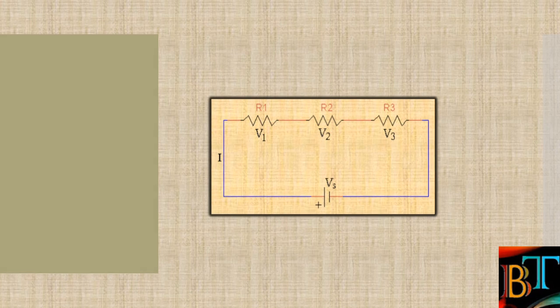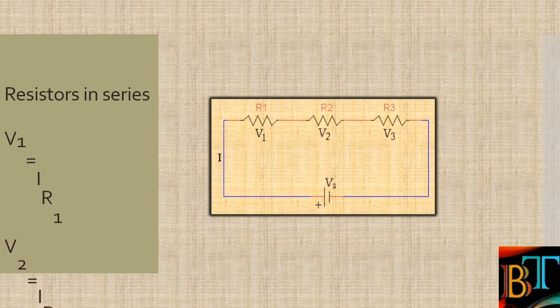Now, if I is the current drawn from the battery, the current through each resistor will be I.